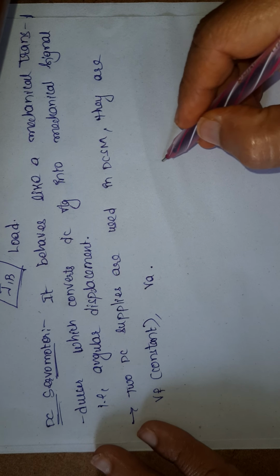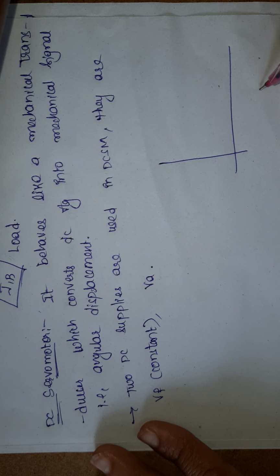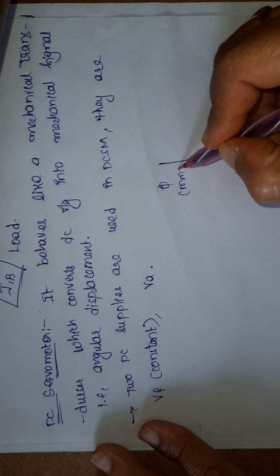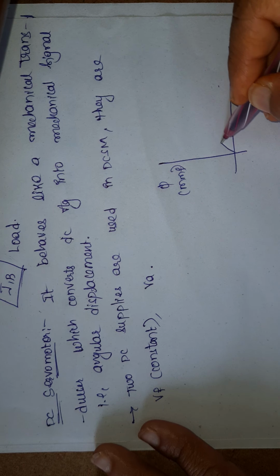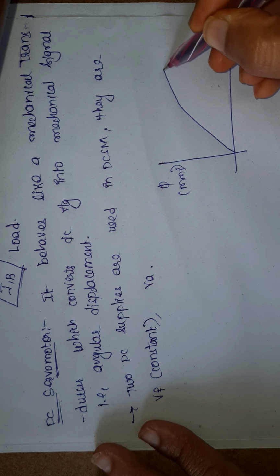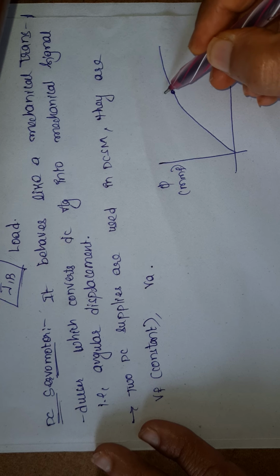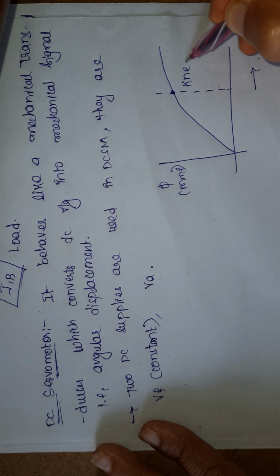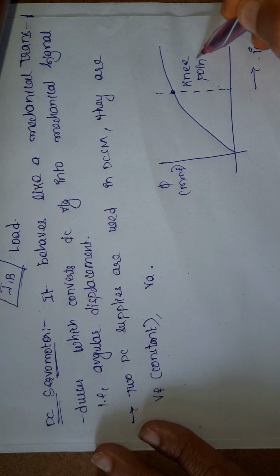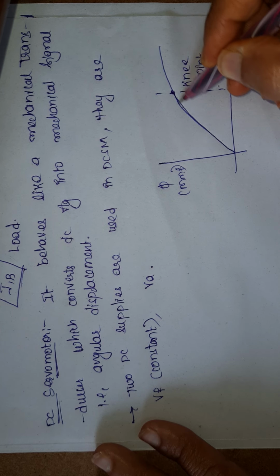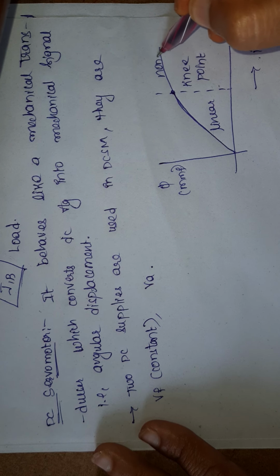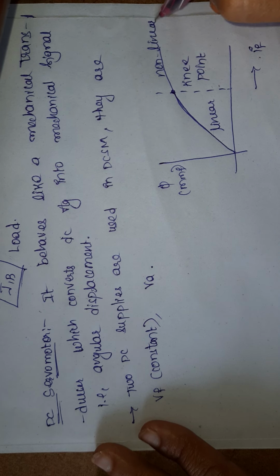Next, we have to consider one diagram, that is the characteristics between the field current and flux phi. Up to here it has linear characteristics. This point is known as knee point. Before the knee point, the characteristics between IF and MMF is linear. After that, it enters into the non-linear region.